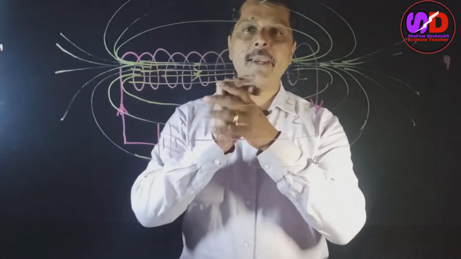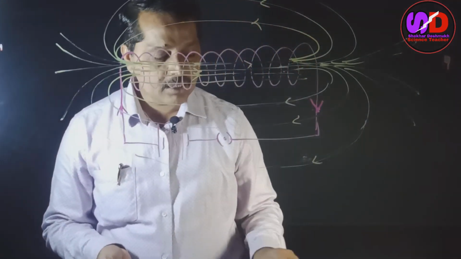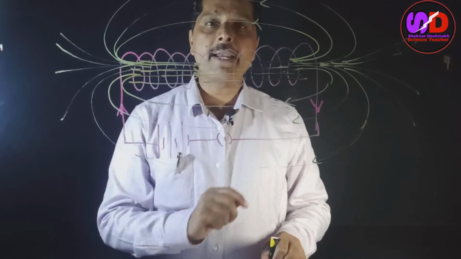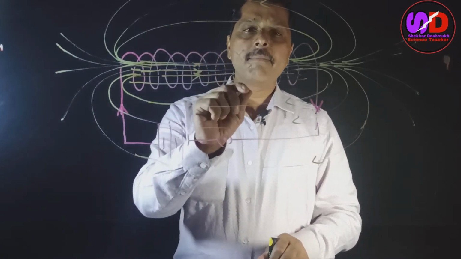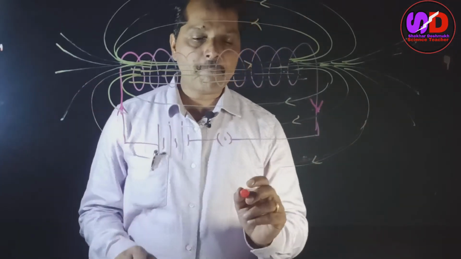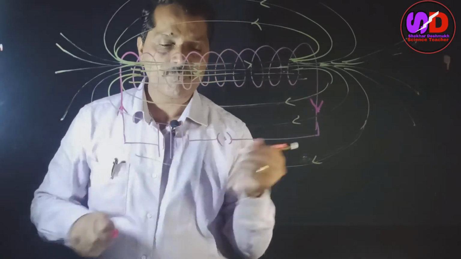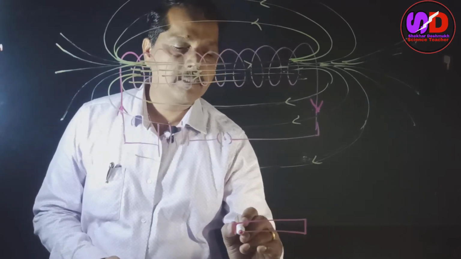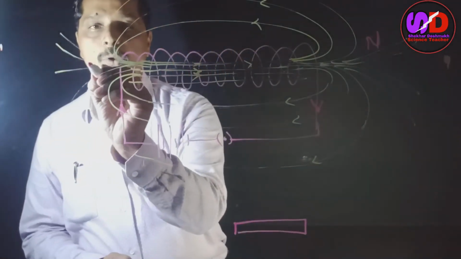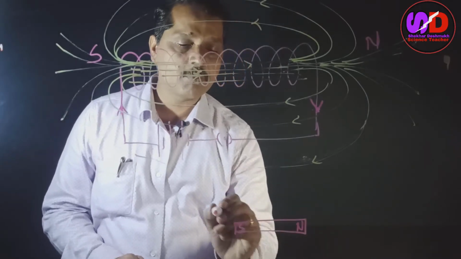If we compare this type of magnetic field with the magnetic field produced by a bar magnet, then we can easily say that these two are exactly similar, because the magnetic field produced by a bar magnet is also of the same type. Suppose this is a bar magnet, here it is a north pole, here a south pole. Similarly a solenoid develops poles.